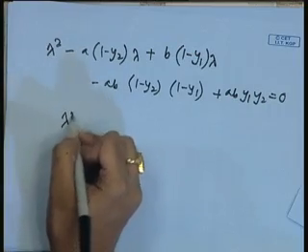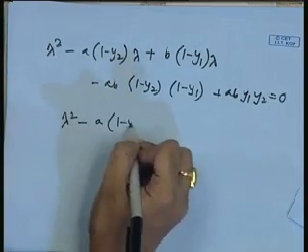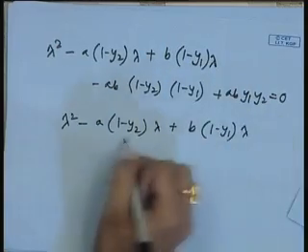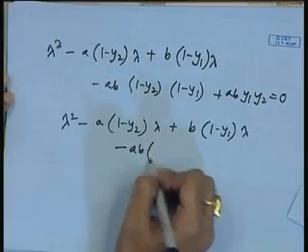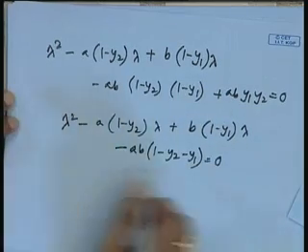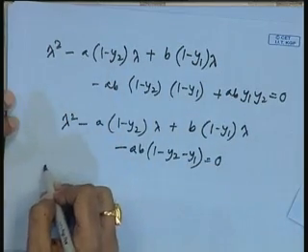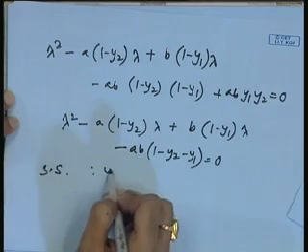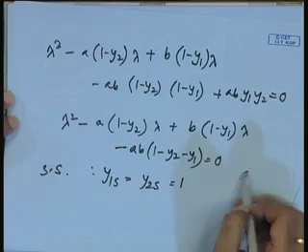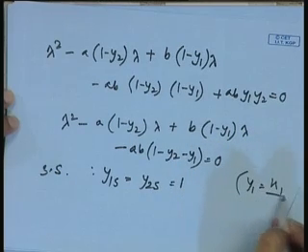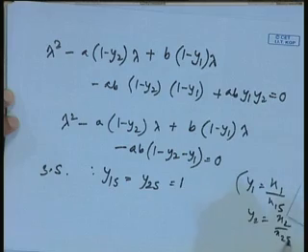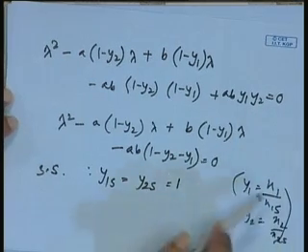When I simplify it, I get lambda square minus A times 1 minus y2 lambda plus B times 1 minus y1 lambda minus AB times 1 minus y1 minus y2 equals 0. Now I have to evaluate the lambdas at the steady state. Steady state in my case means y1s equals y2s equals 1. Why? Because y1 was defined as n1 over n1s and y2 as n2 over n2s, right? So obviously at steady state these values are going to be 1.